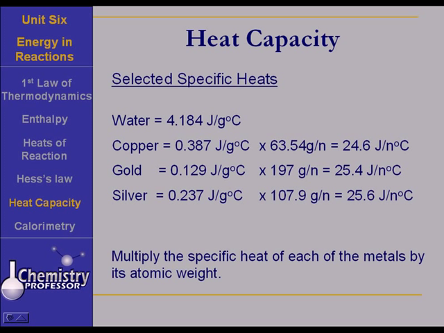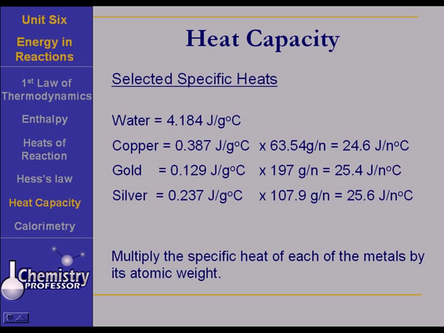And for silver, it's 25.6 joules per mole degree Celsius. Isn't that interesting? It is true that for the metals whose atomic weights are greater than 40, the molar heat capacity is right at 25.5 on the average joules per mole degree Celsius.